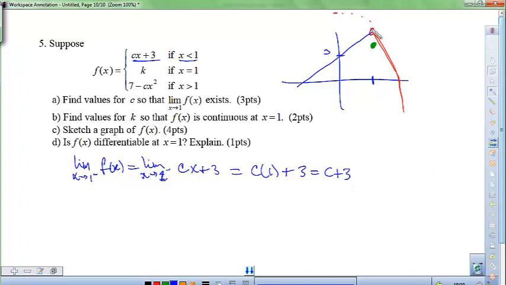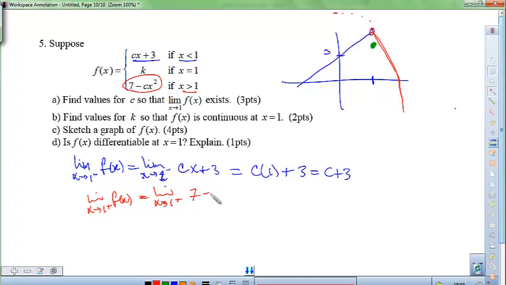Alright, so we still don't know what c is equal to, but we know the limit coming from the left side should be c plus 3. Now the limit coming from the right side, the limit as x approaches 1 from the positive side of this function, since this is the positive side.